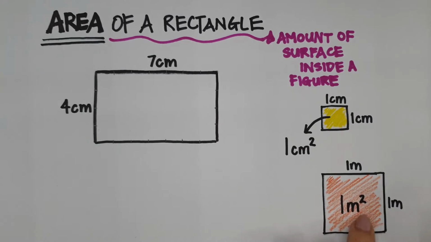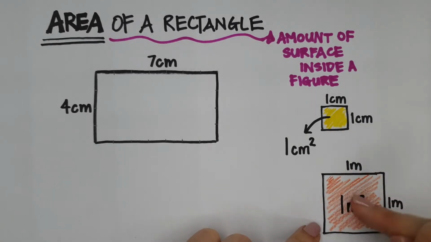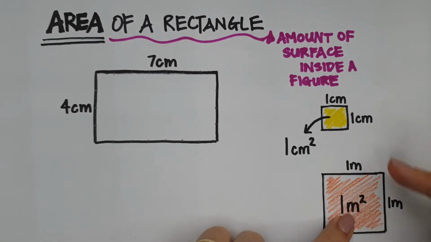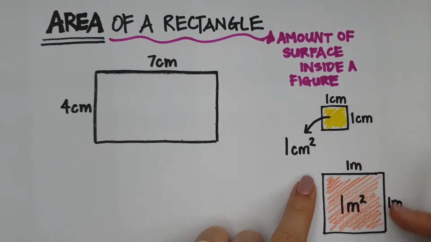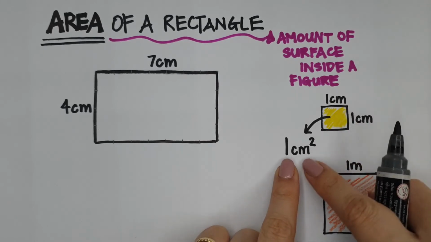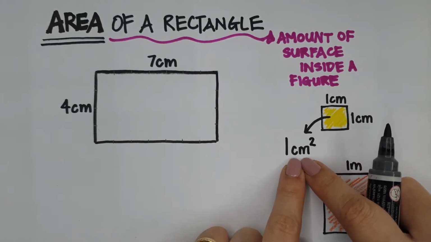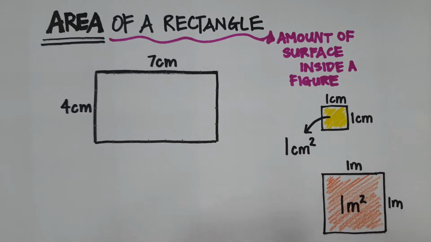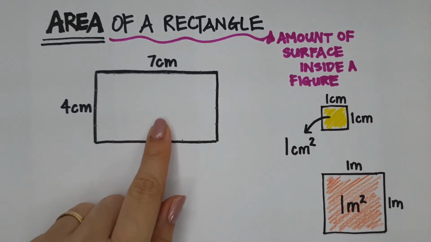That means the amount of surface inside here that is colored is 1 square meter if the square is 1 meter by 1 meter. If the square is smaller, 1 centimeter by 1 centimeter, then the area is 1 square centimeter. Now that we know that, let's move specifically to a rectangle.